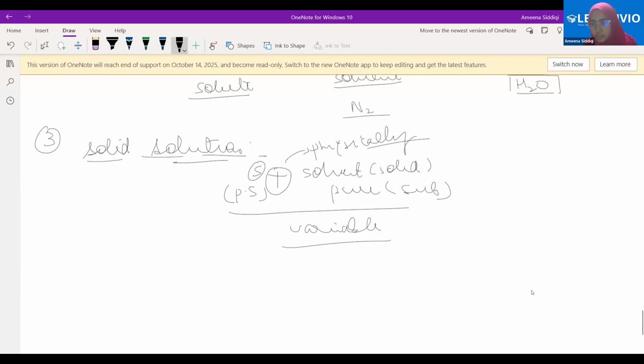Thirdly, will the properties of this solution be totally different from the solute and the solvent, or will they be a combination of both the properties? Answer me. Will the properties of the solution be totally different from the properties of the solute and the solvent, or will they be a result of the mixture of the properties of the solute and the solvent?